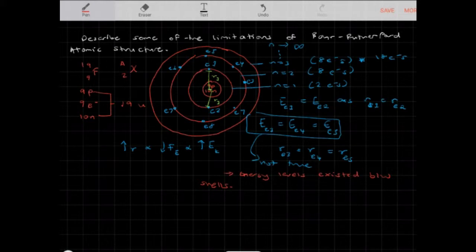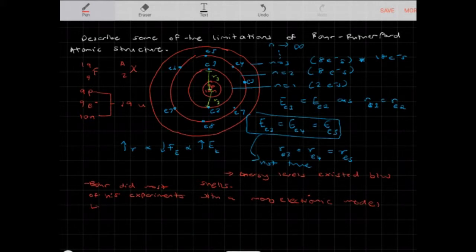So the reason Bohr did not pick up on this is because Bohr did most of his experiments with a monoelectronic model. A monoelectronic model means basically an atom that only has one electron. So he only did most of his experiments with hydrogen, right?